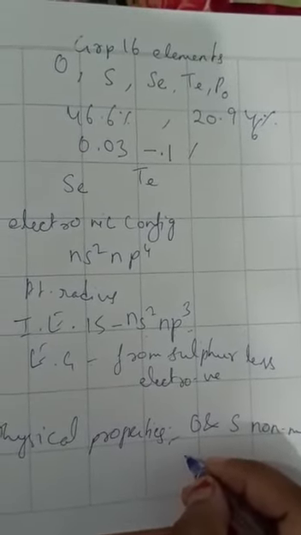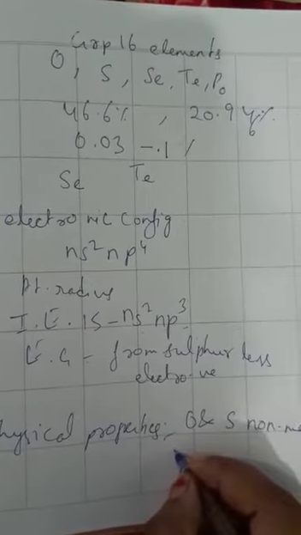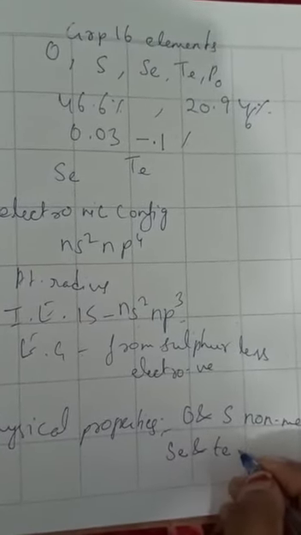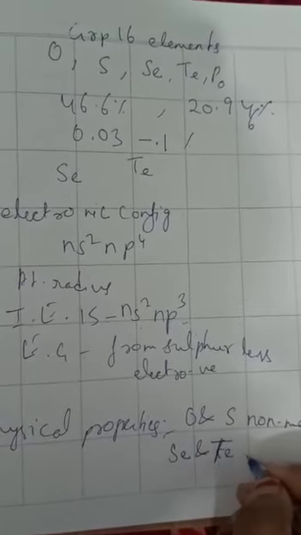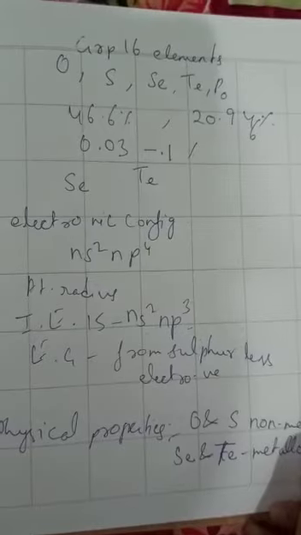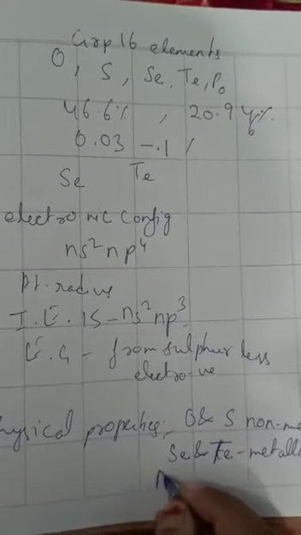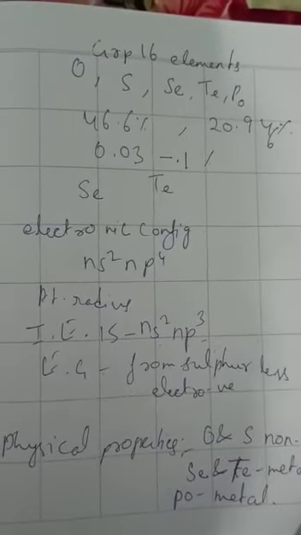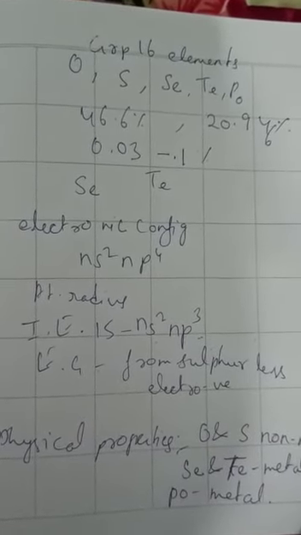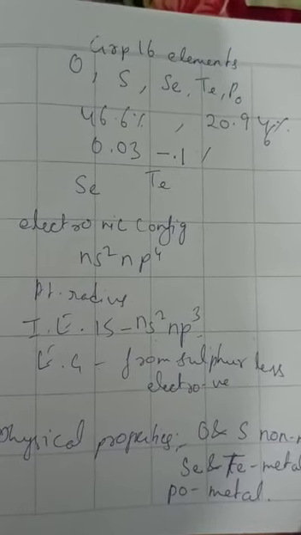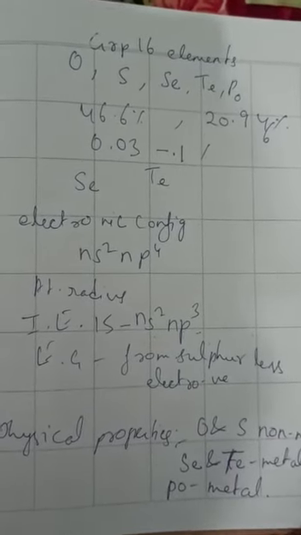Similarly, selenium and tellurium are metalloids, whereas your polonium is a metal. Okay, so polonium is also radioactive and short-lived, and these elements exhibit allotropy also.